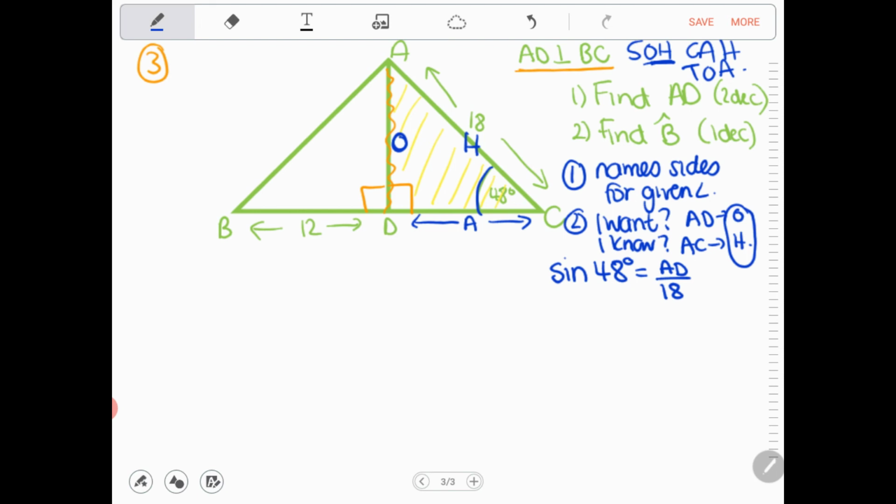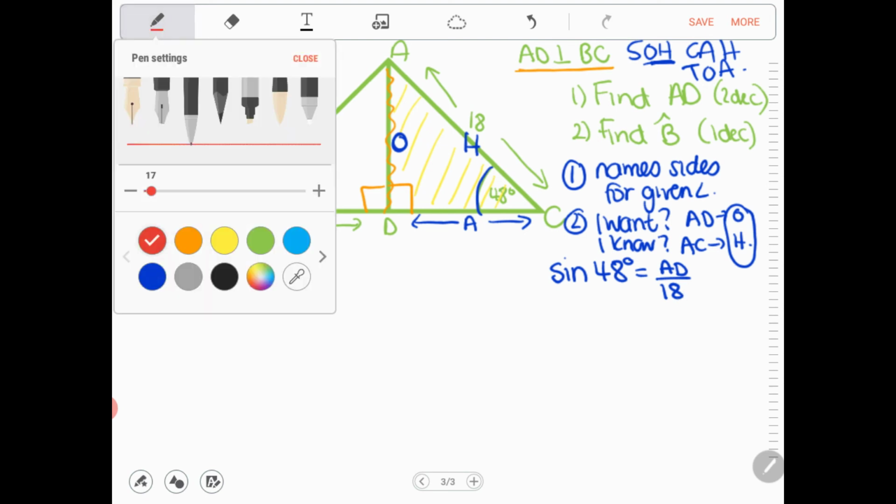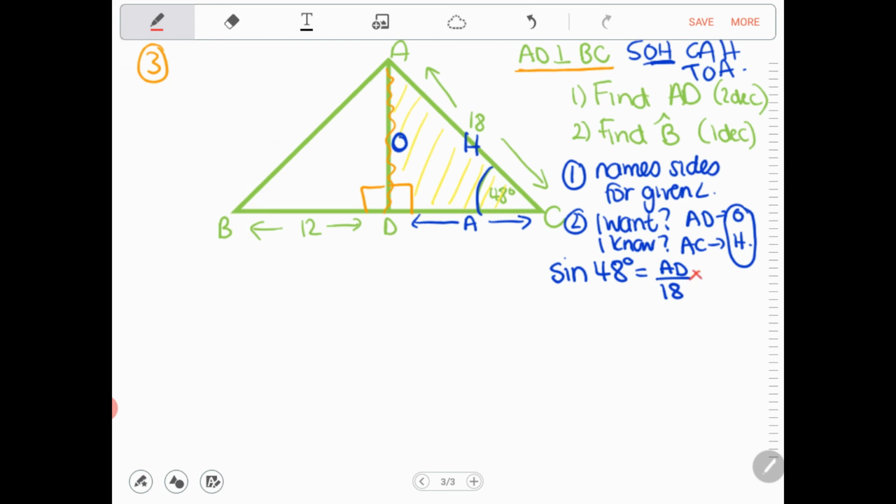Right, yesterday we learned how to solve this equation. We have to get AD alone. AD is being divided by 18, so we're going to end up multiplying both sides by 18, so that can cancel, and you can get AD alone.